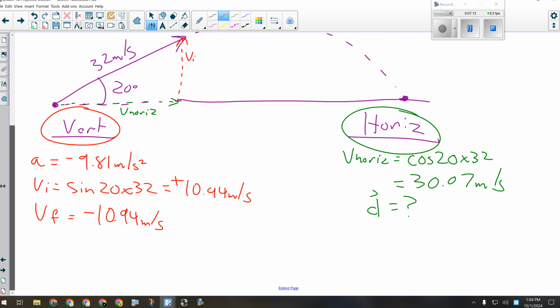And I'm just going to use this formula. A equals VF minus VI over T, right? I have VF, I have VI, I have A, so I should be able to calculate T. So I'm just going to manipulate for T. That's going to be VF, negative 10.94, minus VI, 10.94, and then I'm going to divide that by negative 9.81 meters per second squared.